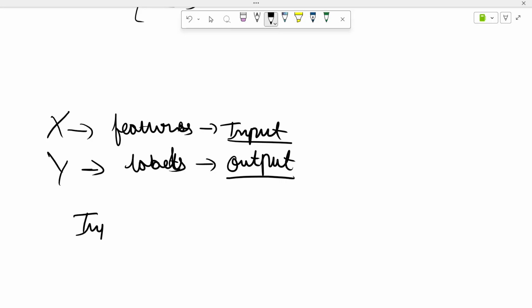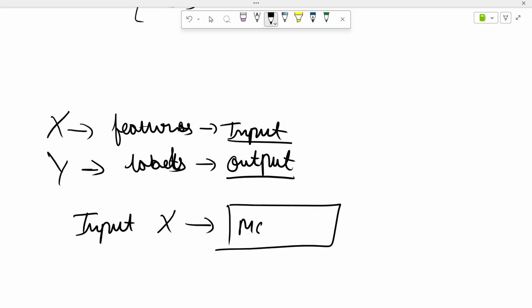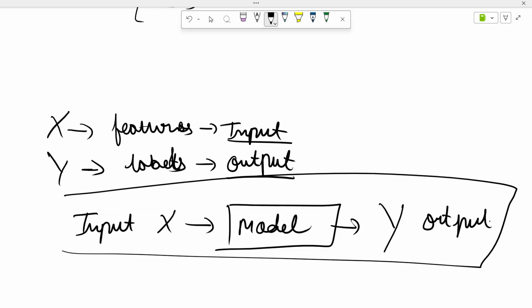So input X goes to the model, and Y is the output. This is the overall diagram or flow of data.